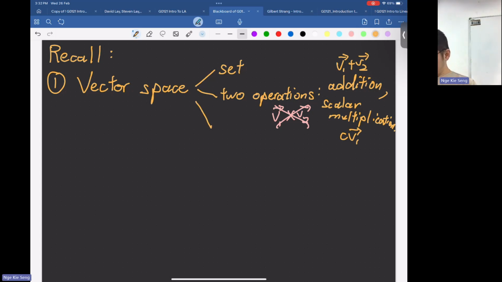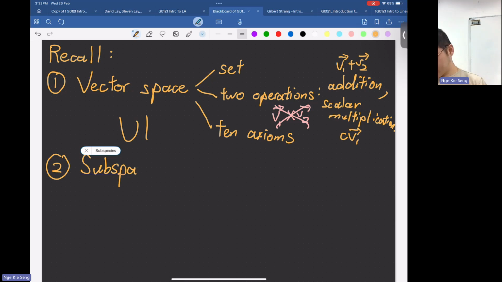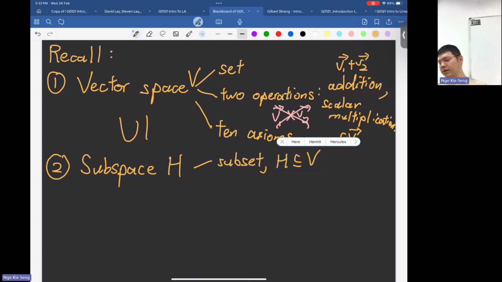And then the other part is 10 axioms. You need to check all the 10 axioms. And inside this vector space, there's very interesting stuff to study, which is called a subspace. So what is a subspace? Let's call this vector space V, and let's call this one H. H is a subset, and it comes with three conditions.